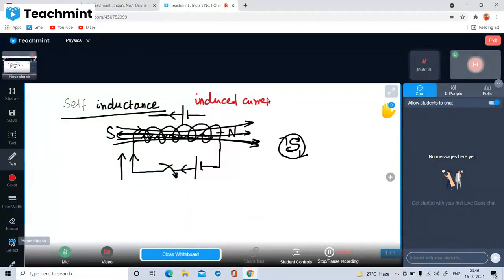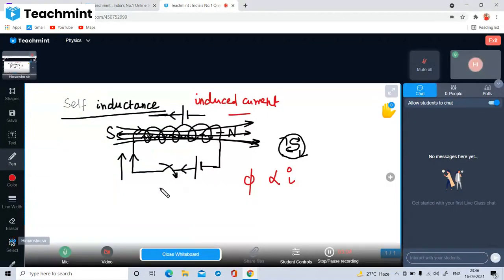As it is created by the same conductor which is causing the effect of change in flux, hence it is called self-inductance. Right? In here, flux change is directly proportional to the current flowing in the conductor.